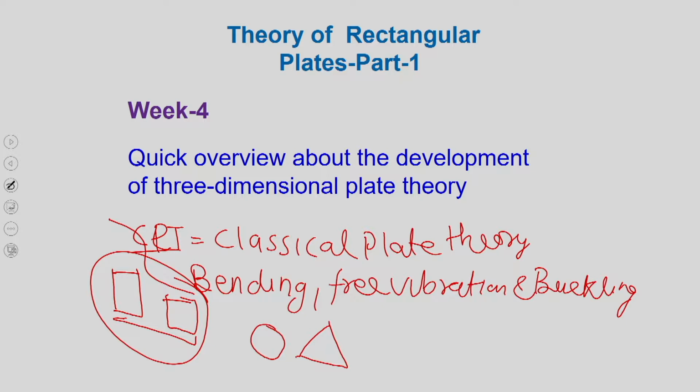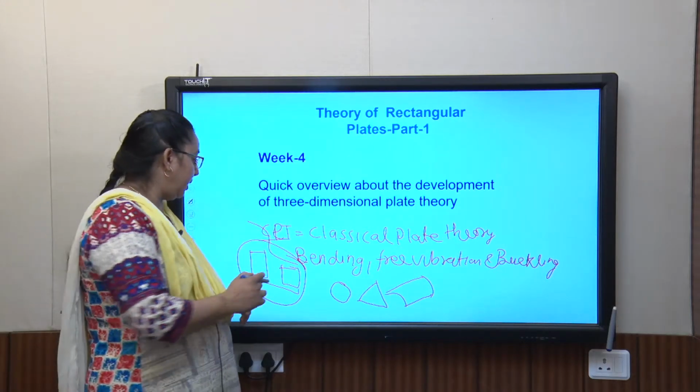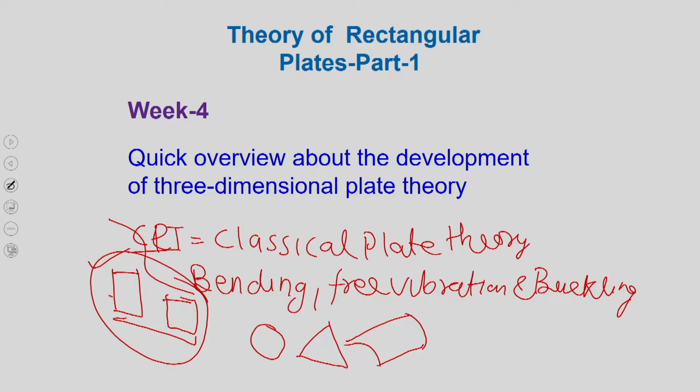If you are interested in a solution for a cylindrical shell, then you have to include the curving effect in the governing equation. So our solution is valid only for thin rectangular and square plates. For any other shape, you have to take the geometry parameters into consideration from the start so that suitable governing equations can be developed.